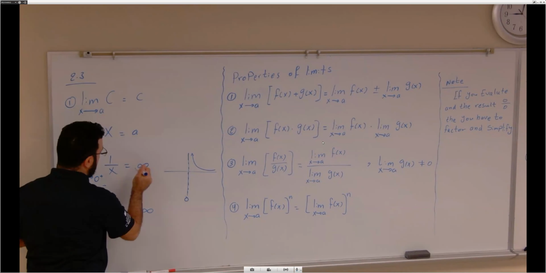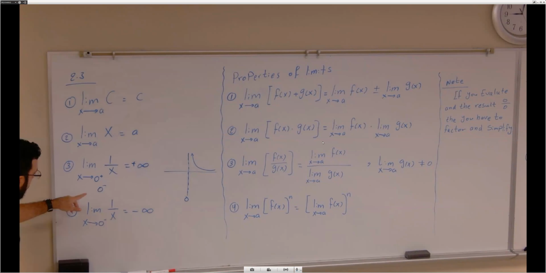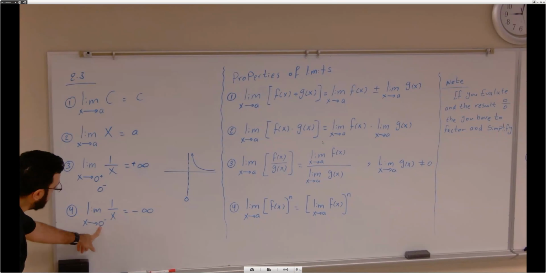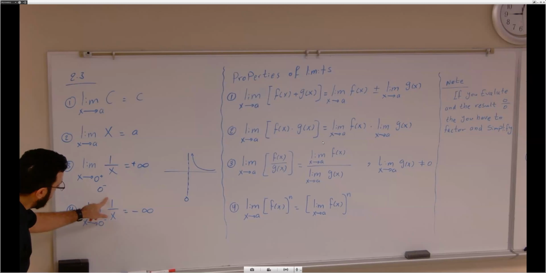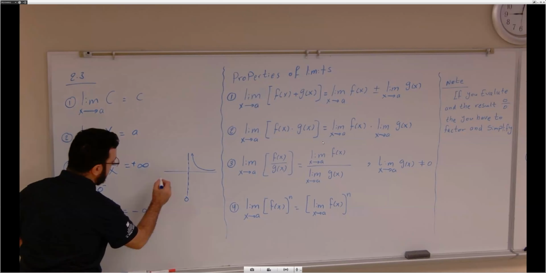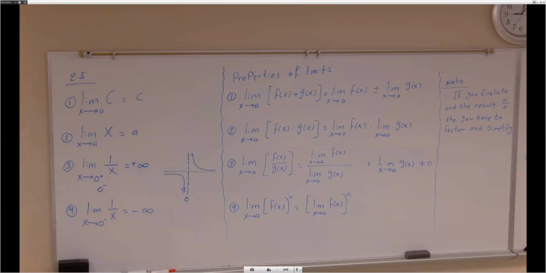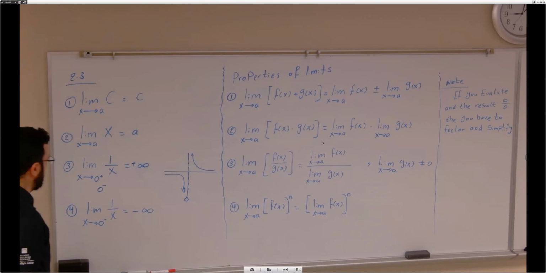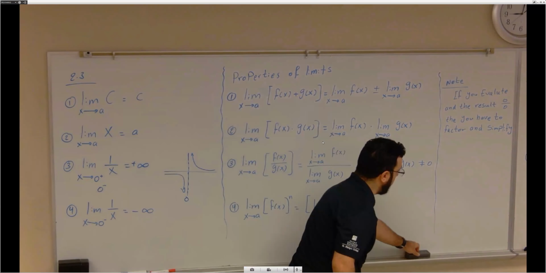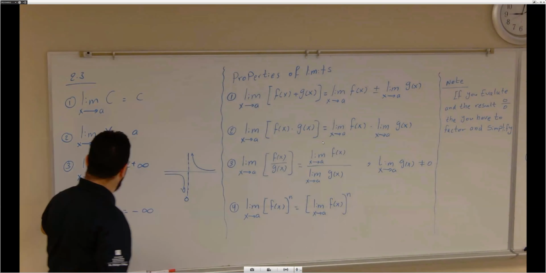So this one is going to be positive infinity. And when the limit approaches 0 from the left side, 1 over x is going to go down. So the left side is going to go down, and the right side is going to go up.